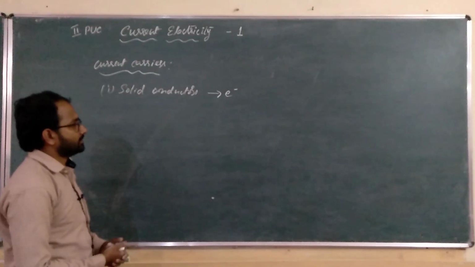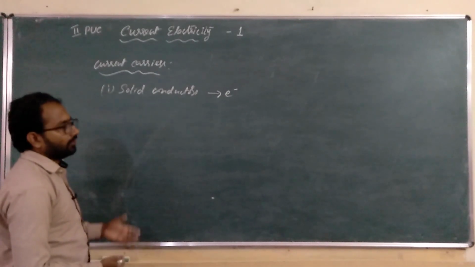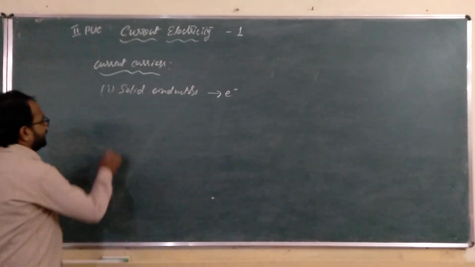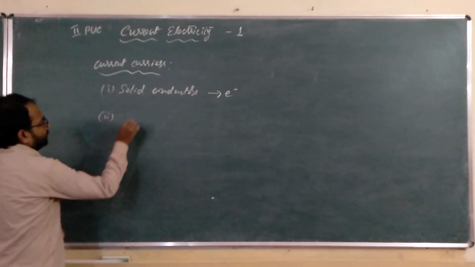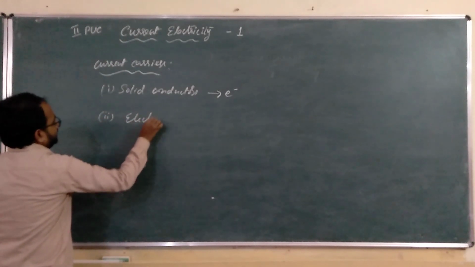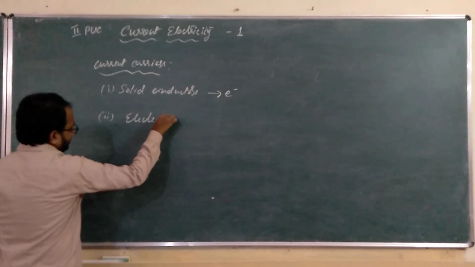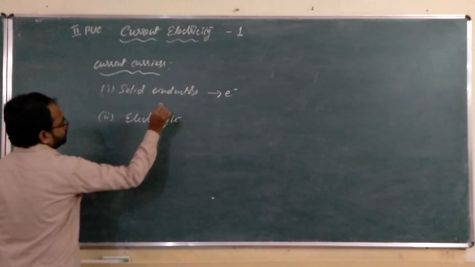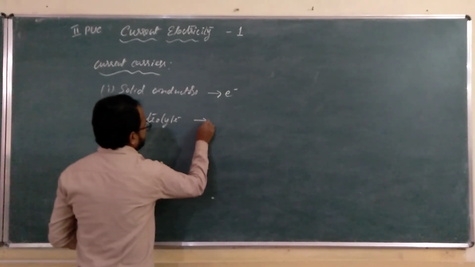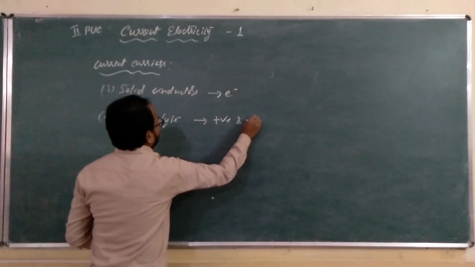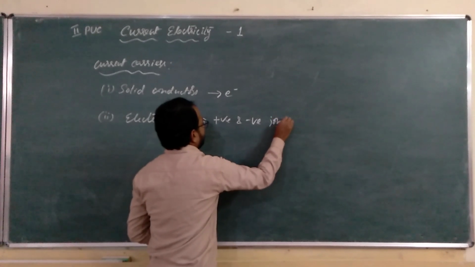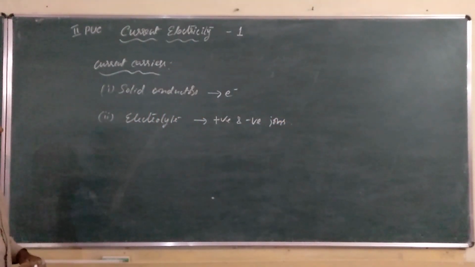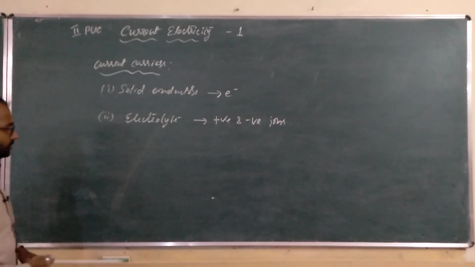Therefore, free electrons are responsible for current. So, current carriers in case of solid conductors are electrons. In case of an electrolyte or electrolytic solution, the current carriers are positive and negative ions.